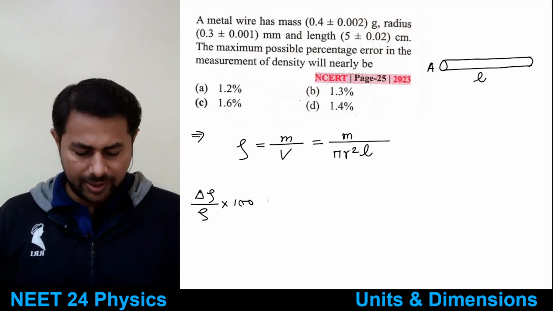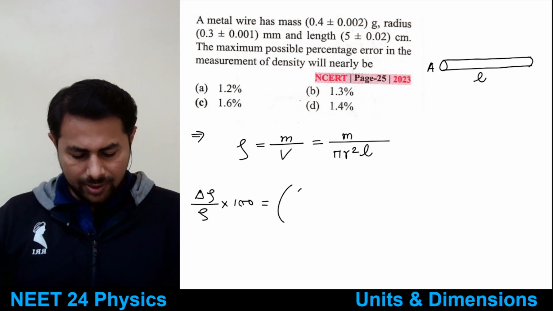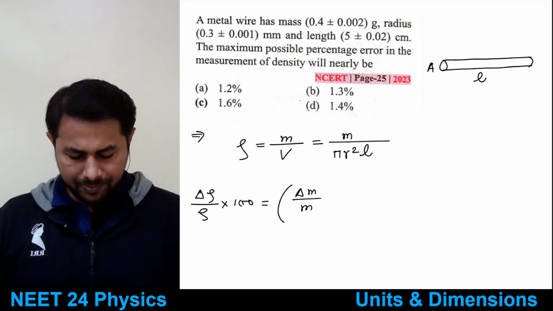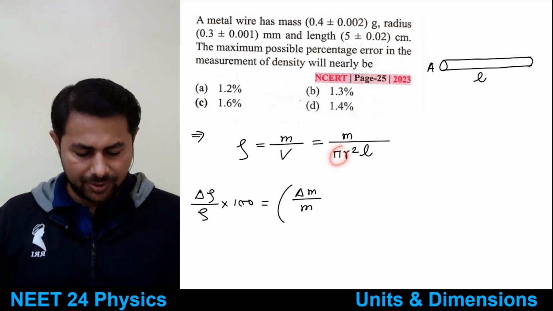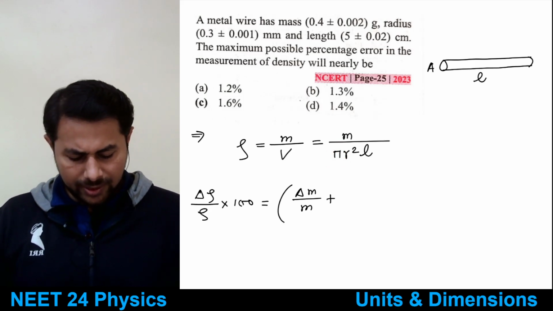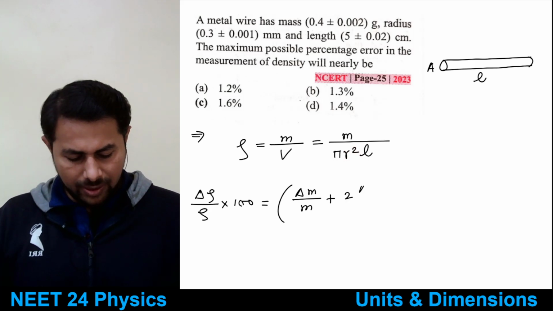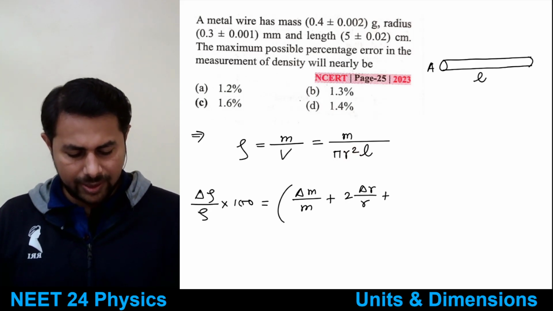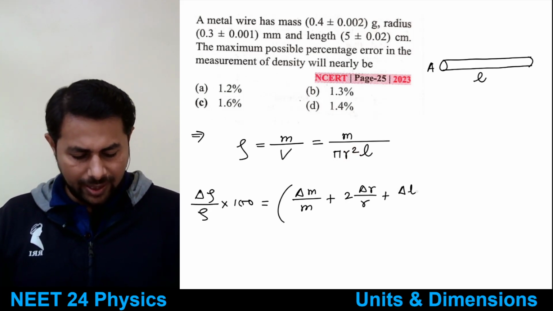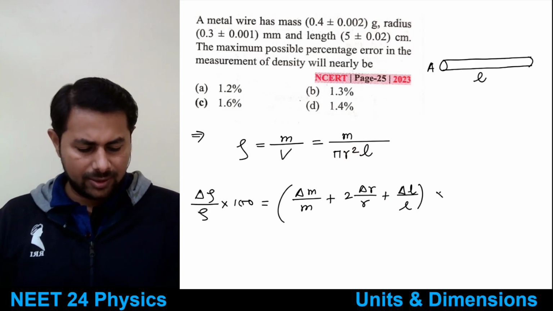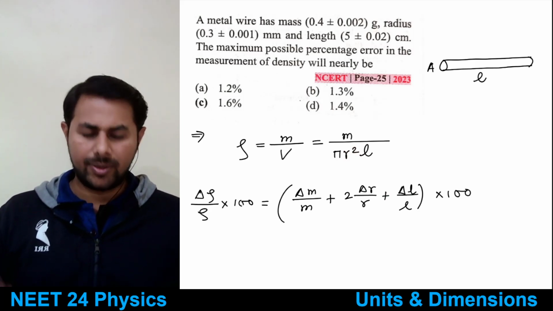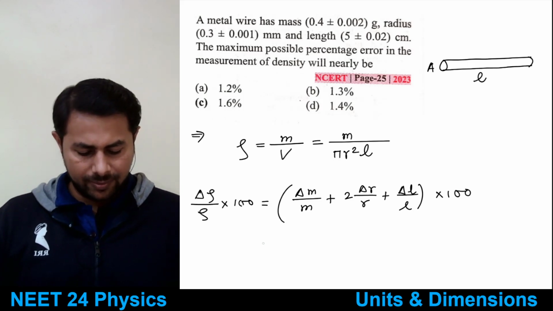So let's multiply by 100. It will be equal to delta m divided by m, pi is a constant, plus r raised to 2, so let's take 2 times of delta r by r, plus you have delta L by L, and then you will multiply this thing by 100 because you want to find out percentage error.